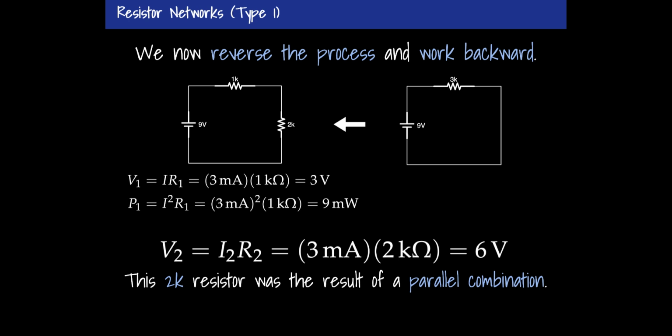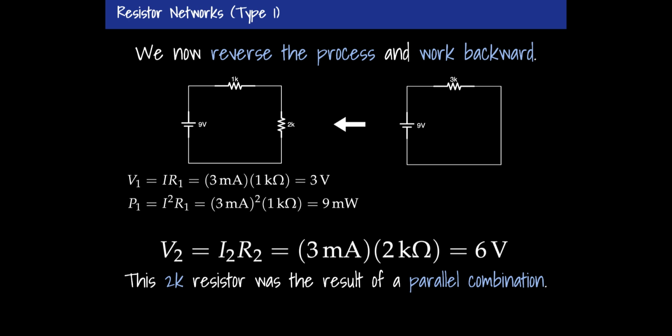Now, this 2K resistor doesn't even exist in the real circuit. It was the result of a parallel combination. So that's not even a real resistor. That's a fake thing that I made up. It's an equivalence. So I still have one more backward step to do. Before I do that step, I'm going to calculate the voltage on this fictitious resistor.